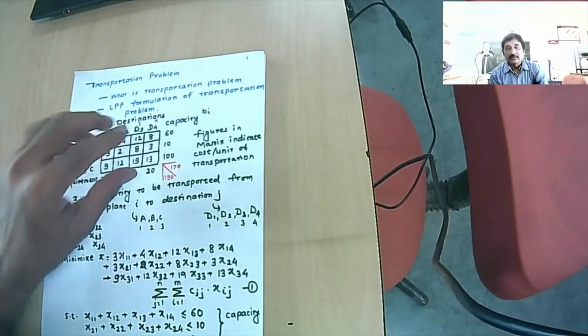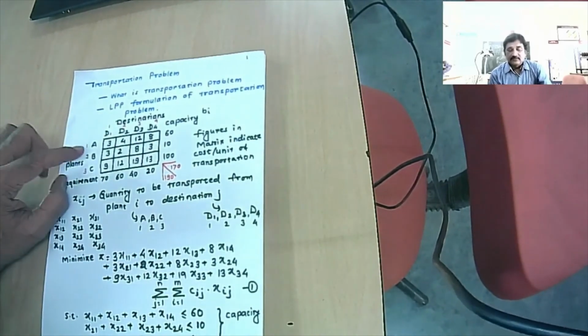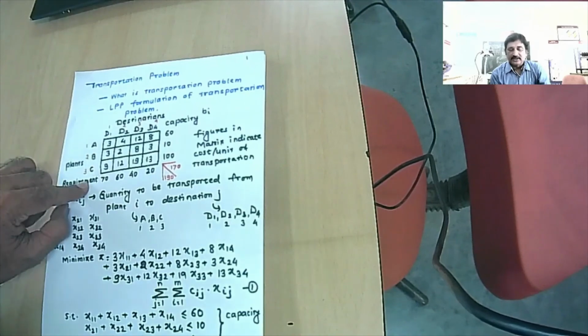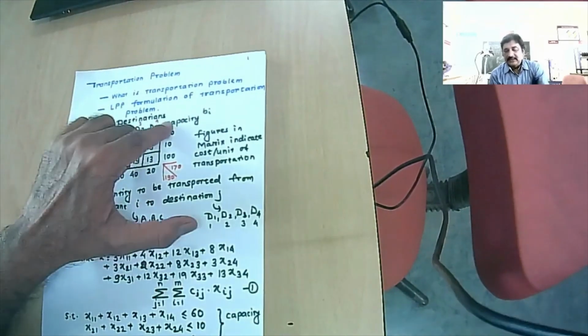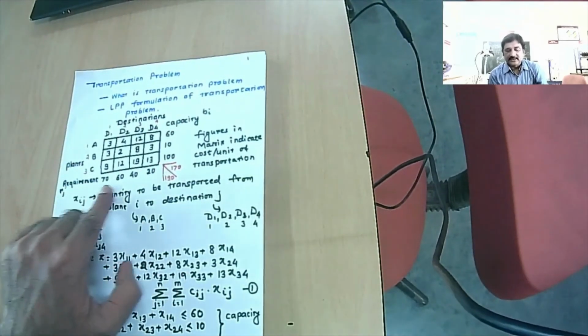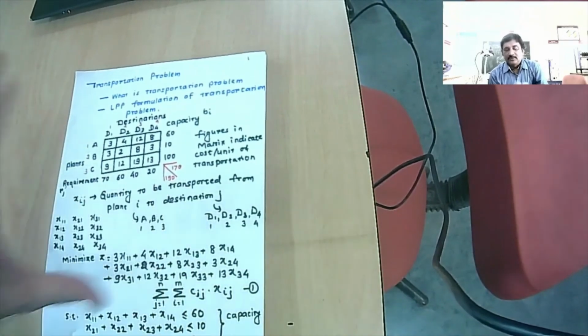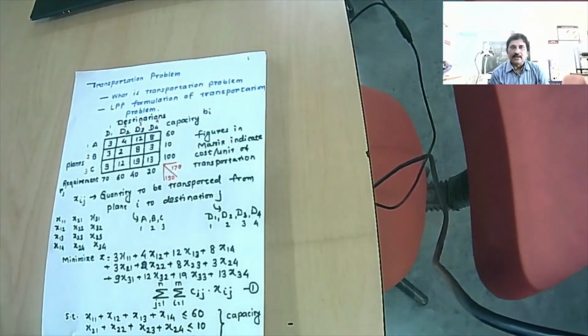In this matrix, there will be some figures which associate something here and something here. There is some capacity-like thing, there is a requirement-like thing. If you can frame your problem in this format, then the transportation algorithm can be applied to solve that problem. Okay, that's what I wanted to discuss.